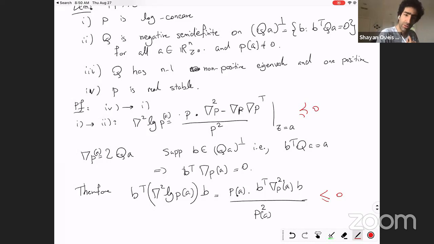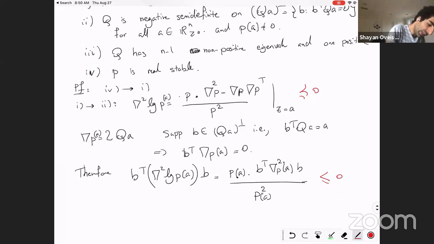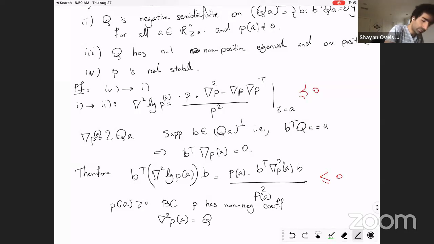The only observation you want is that P of A is non-negative because P has non-negative coefficients, and the Hessian of P at A is exactly equal to Q. So you just get that B transpose QB is less than or equal to 0.